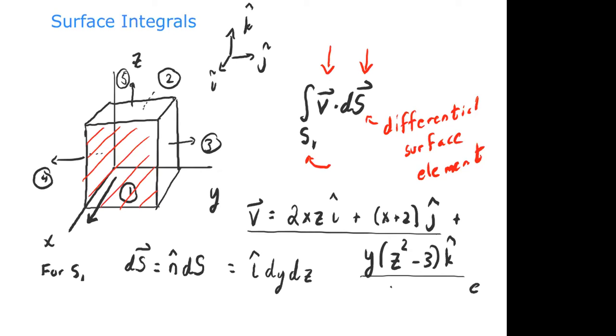Now we're good to go, because all we have to do is take the dot product of V with dS, and that's easy in this problem because dS only has one contribution, due to i hat. If you dot dS into V, you only get one simple expression. You get 2xz dy dz.